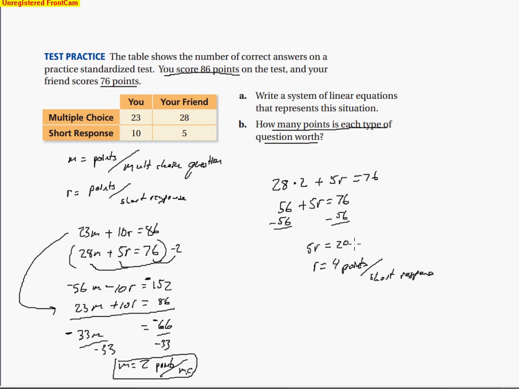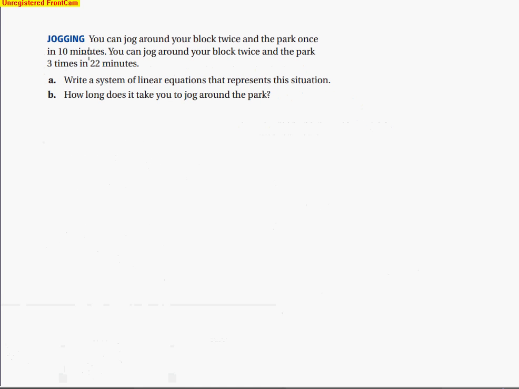Alright, so that's how many points each type of question is worth. Let's move on to one other problem here, and it says that you can jog around the block twice and around the park once in 10 minutes. You can jog around the block twice and the park 3 times in 22 minutes. Write a system of equations and ask how long does it take you to jog around the park.